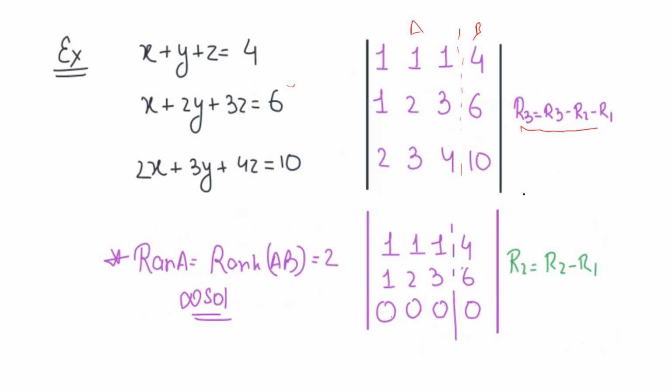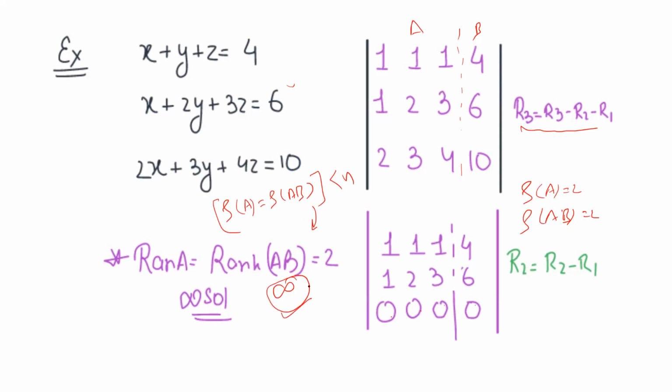That means rank of A is equal to 2, and rank of [A | B] is equal to 2. So both are 2, the rank of A is equal to the rank of [A | B], which is less than n. So this is the case of an infinite number of solutions. We cannot find any particular solution from here because the solutions are infinite.